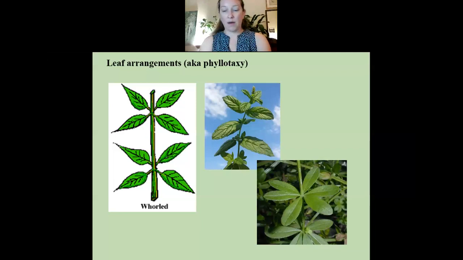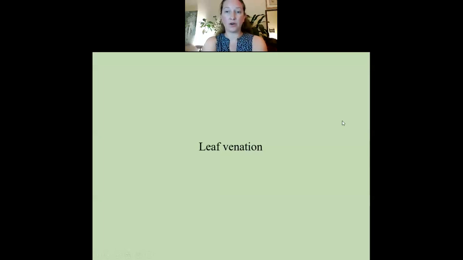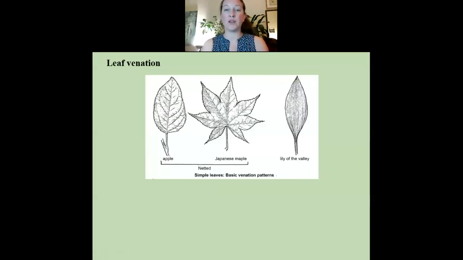Now let's talk about the venation on leaves. We mentioned it earlier on already with the midrib and the other types of veins around it. Leaves have venation, which just refers to their veins. So here are examples of some simple leaves and their venation patterns.